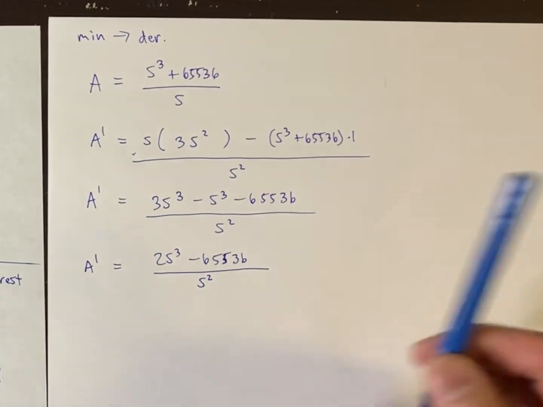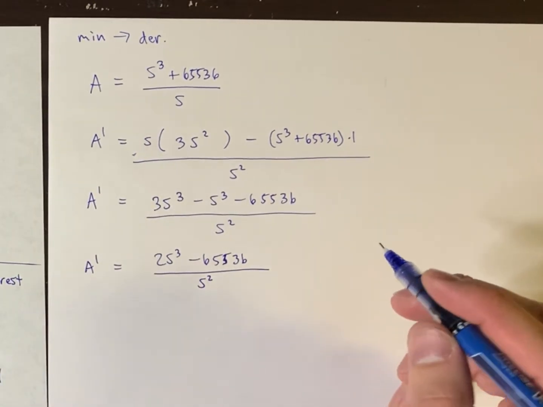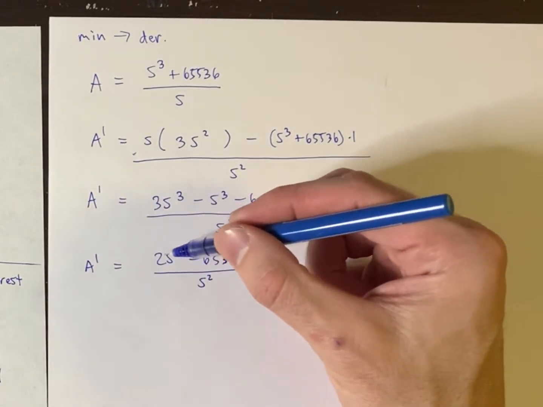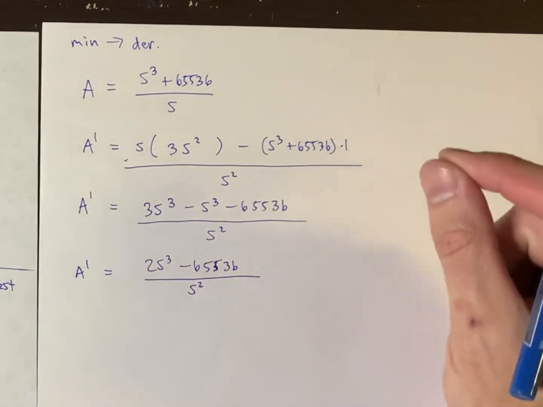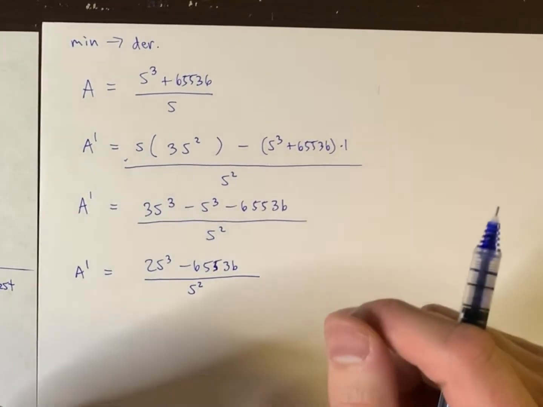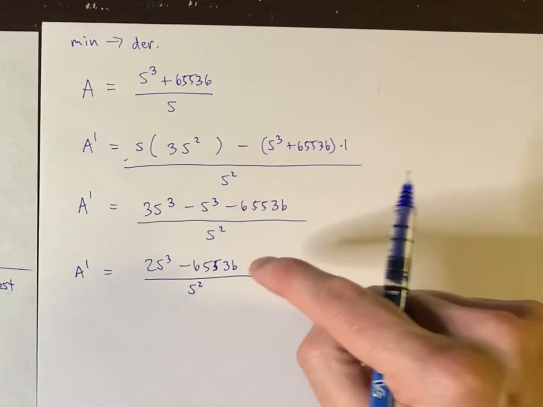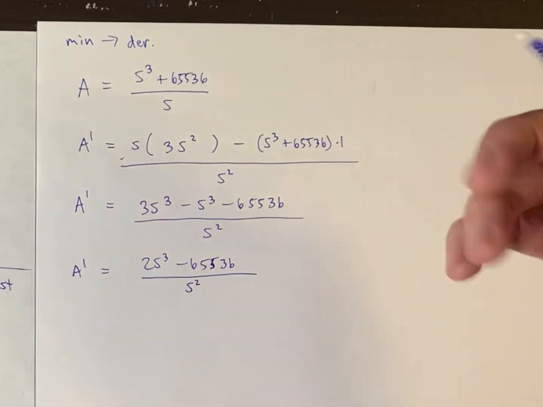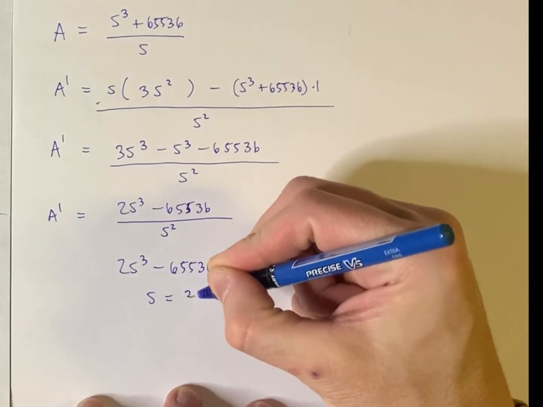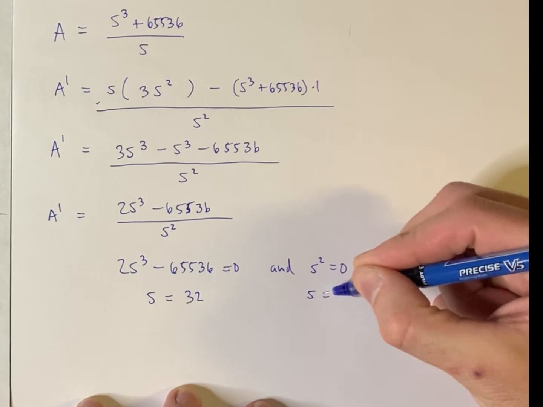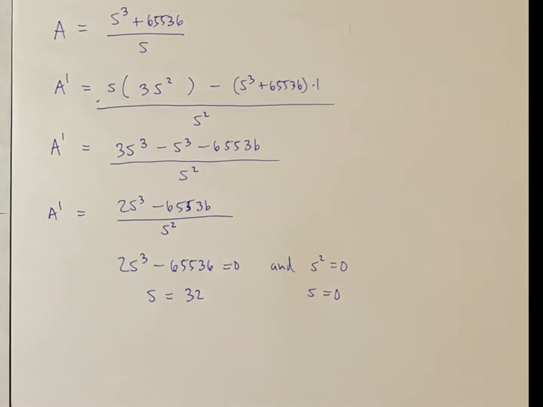And now we want to find the critical points. Critical points are whatever make the first derivative either 0 or undefined. So to do that, you independently set the top and bottom equal to 0 and solve. Solve both equations and you'll get that S equals 0 and S equals 32.